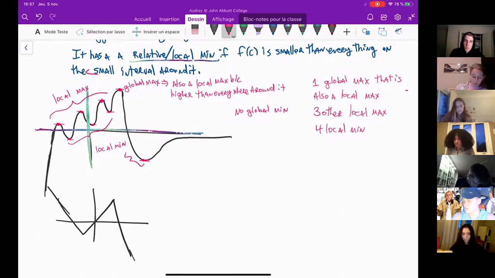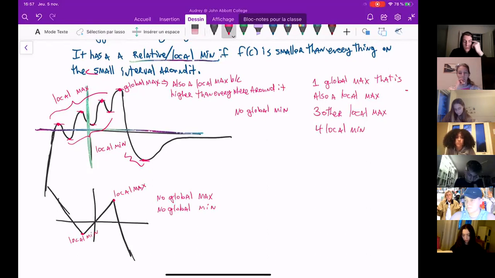No. So this has no global max, no global min. Does it have a local max and a local min? Yes. What's the derivative at those places? 0? No, not 0. Sorry, it doesn't exist. They don't exist.